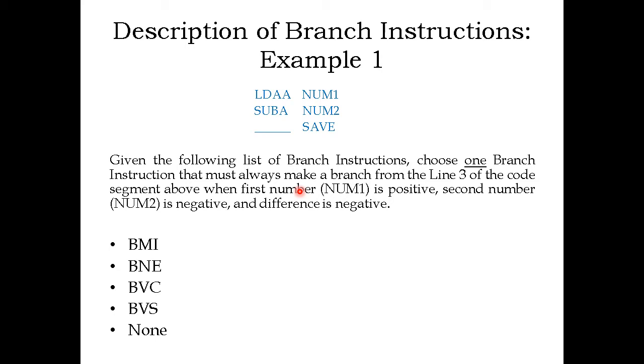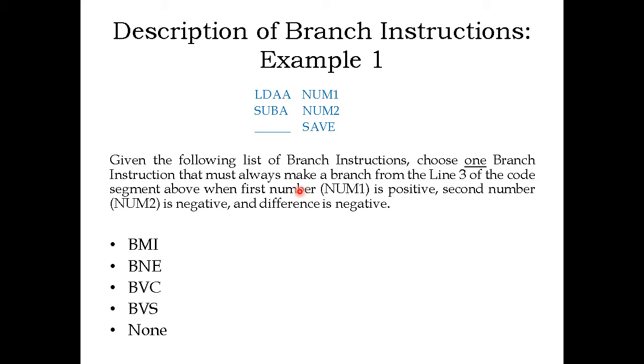Now from this information, can we find one branch from the list at the bottom which will always make in this case? Now, think about the situation a little bit differently. What we know is that we are doing a subtraction, and the first number is positive, the second number is negative, and the difference is negative. From this information, we can definitely tell that the V flag will be set here.